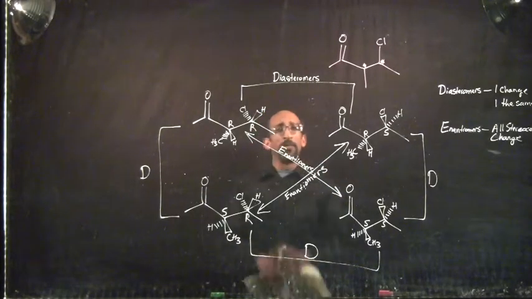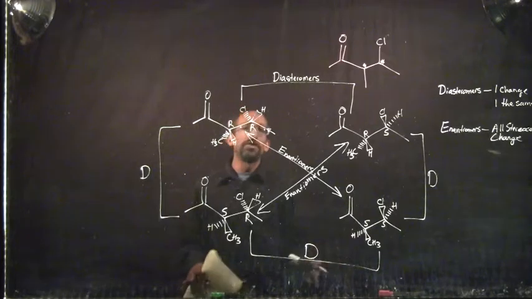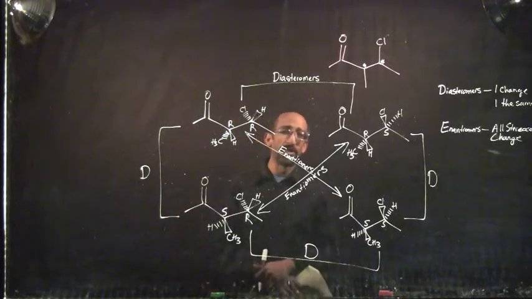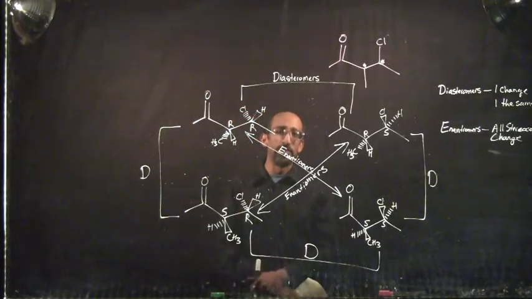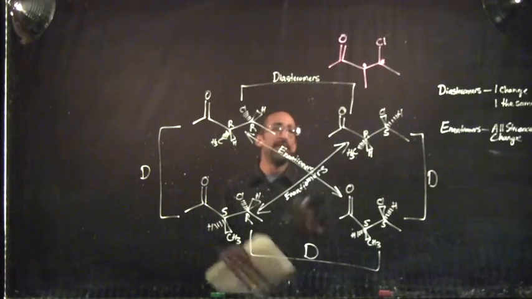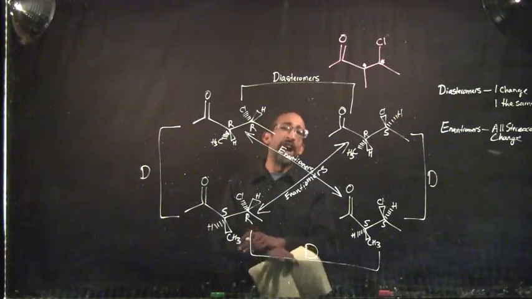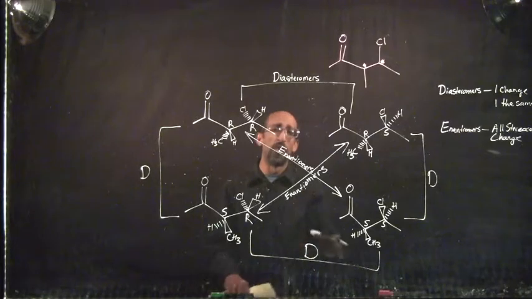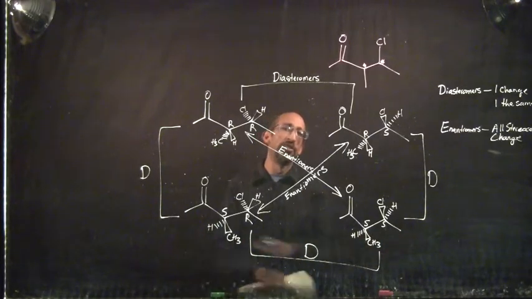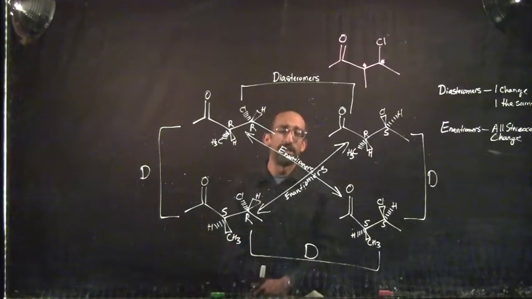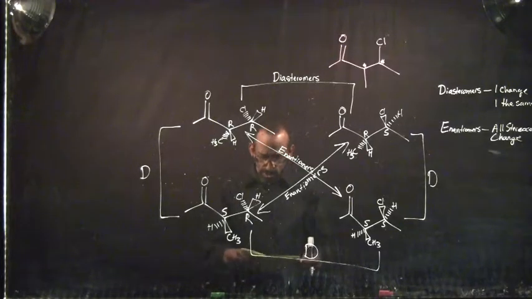Okay, so remember diastereomers, you have at least two chiral centers, one of them changes between the two configurations. Enantiomers, doesn't matter how many chiral centers, one or more, but in the two different molecules, all the configurations at stereocenters change.